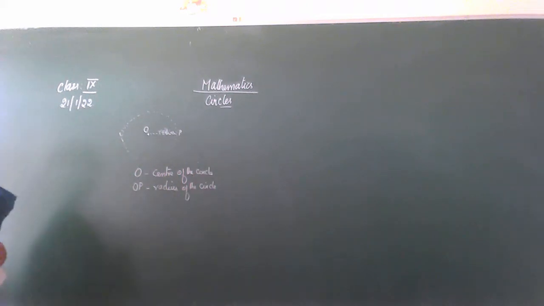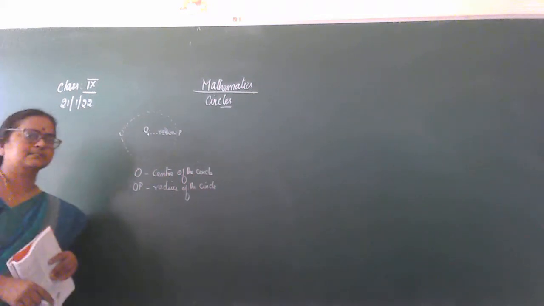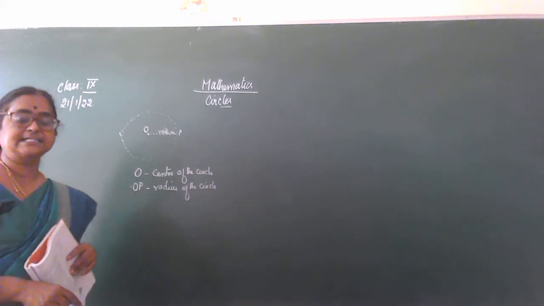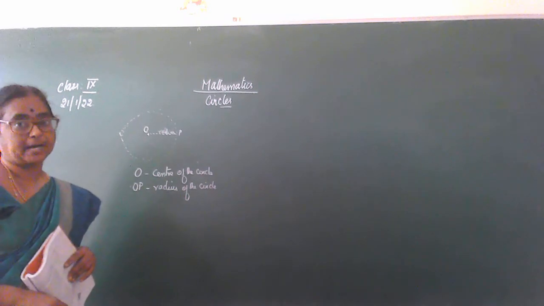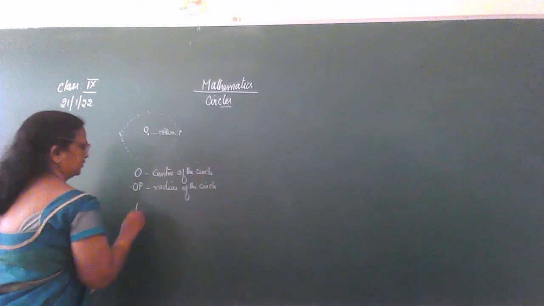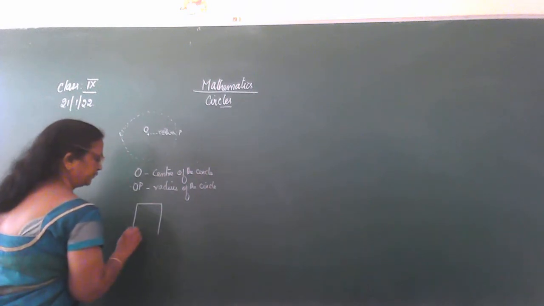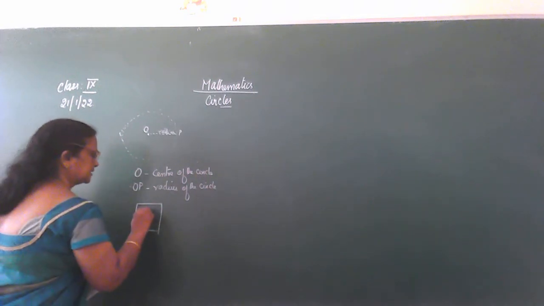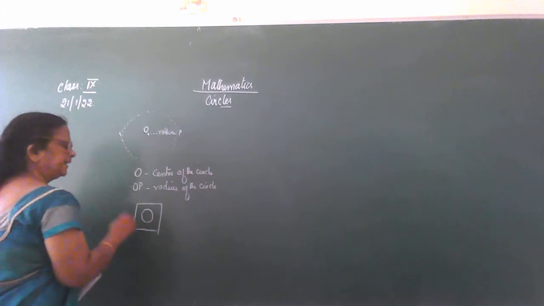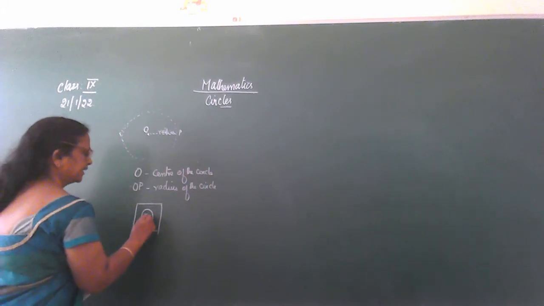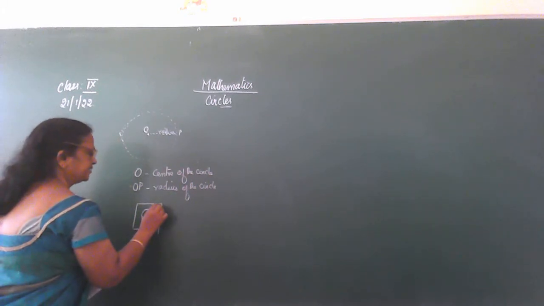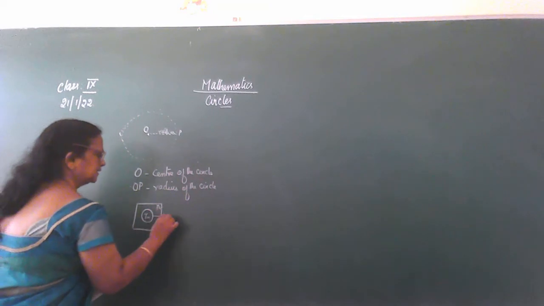Okay. Then what else? It divides the plane into three parts, isn't it? That is, the interior region, the exterior region, and the circle itself.